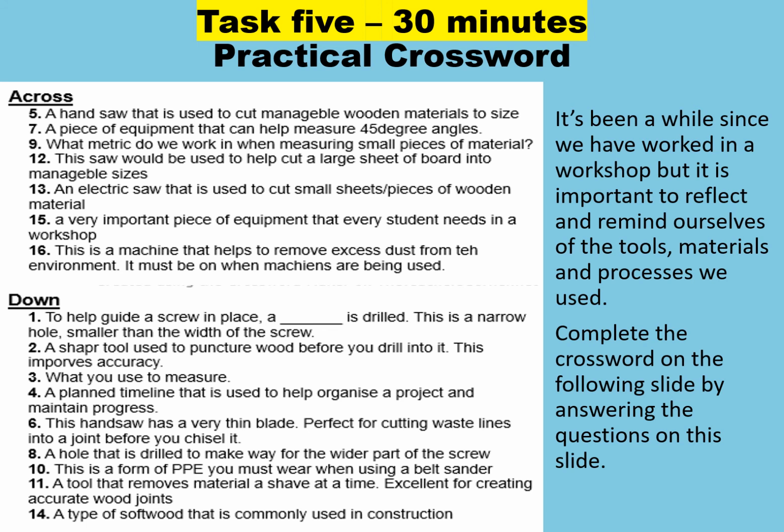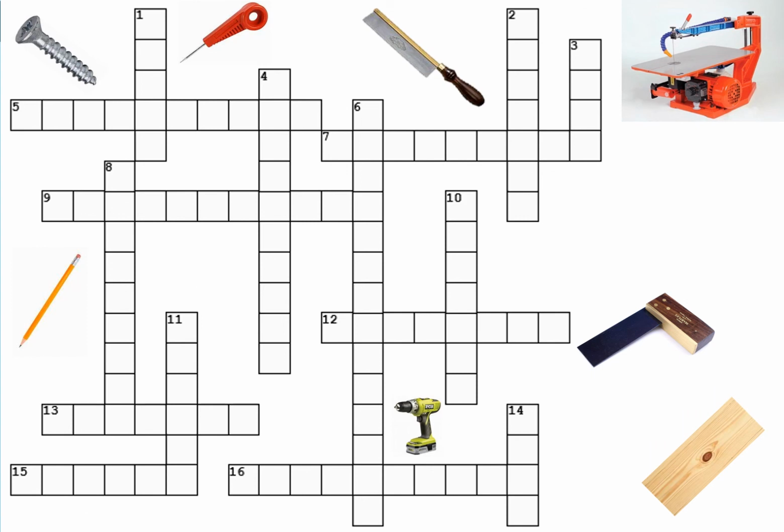So on the left hand side of this slide, you can see that there are some across and down questions. All of these relate to your practical lessons, every single one of them. And they're either asking you to identify a tool or maybe a process. And then on the following slide, this is your crossword that you're going to complete by adding those answers into this crossword.